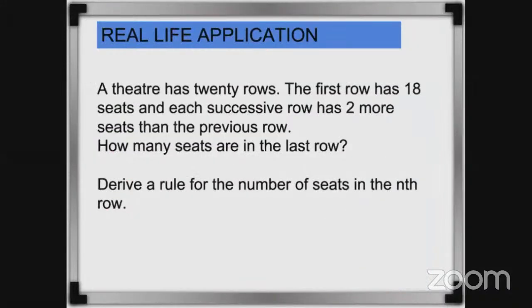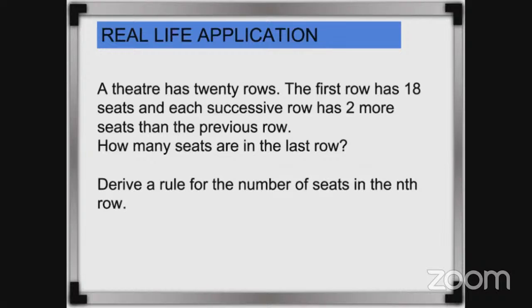So here we are, a real life application question with what we've been doing so far, sequencing and patterns. A theater has 20 rows. The first row has 18 seats, and each successive row has 2 more seats than the previous row. How many seats are in the last row?